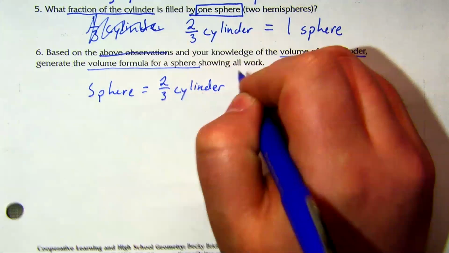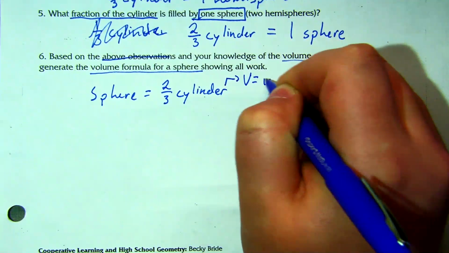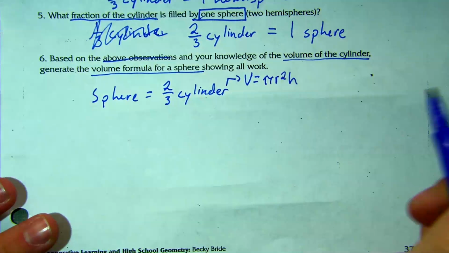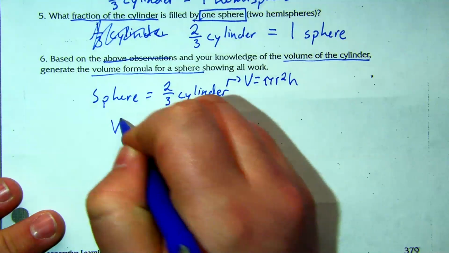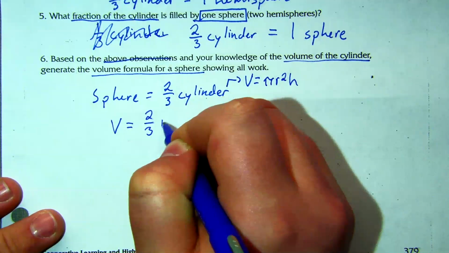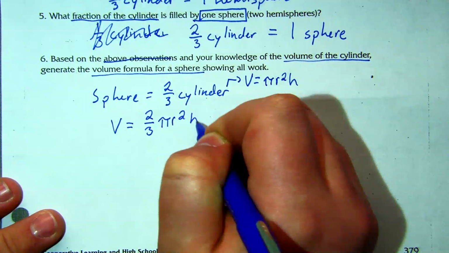We know that our cylinder volume is equal to pi r squared times h. So we can say that our sphere volume is equal to 2/3 of that. 2/3 pi r squared h.